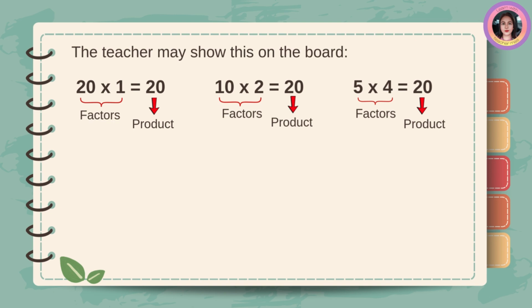5 times 4 is equal to 20. 5 and 4 are the factors, and the answer 20 is the product. The factors of 20 are 20, 10, 5, 4, 2, and 1.